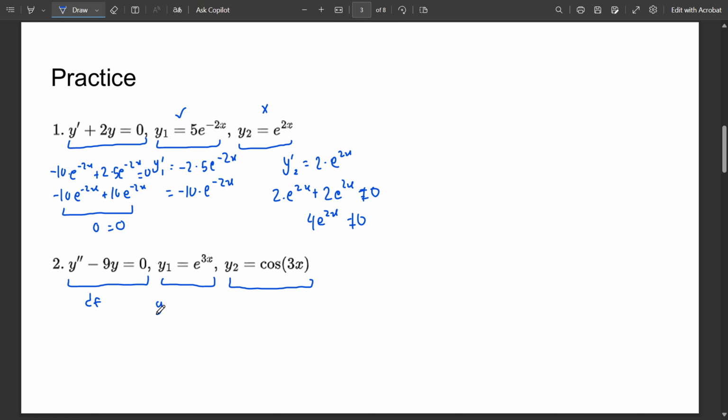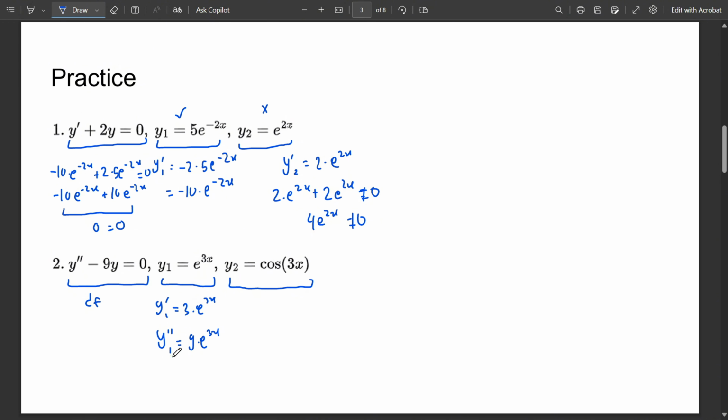And we have y equals e to the 3x. Let's check if it is a solution to this. So y prime is 3 times e to the 3x. Y double prime is 9 times e to the 3x.